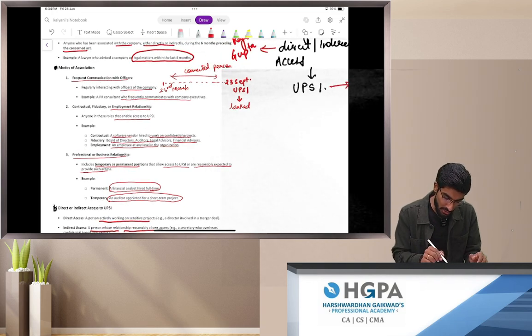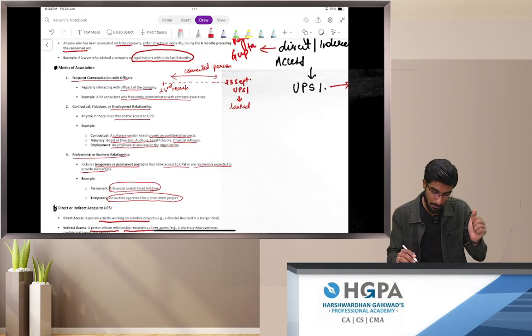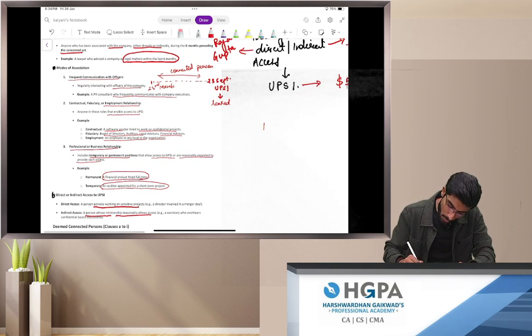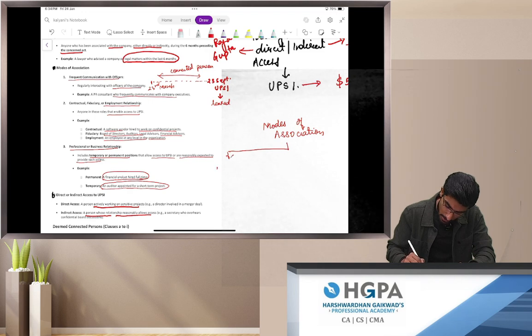So the modes of association are three conditions. Number one condition is frequent communication with officers.